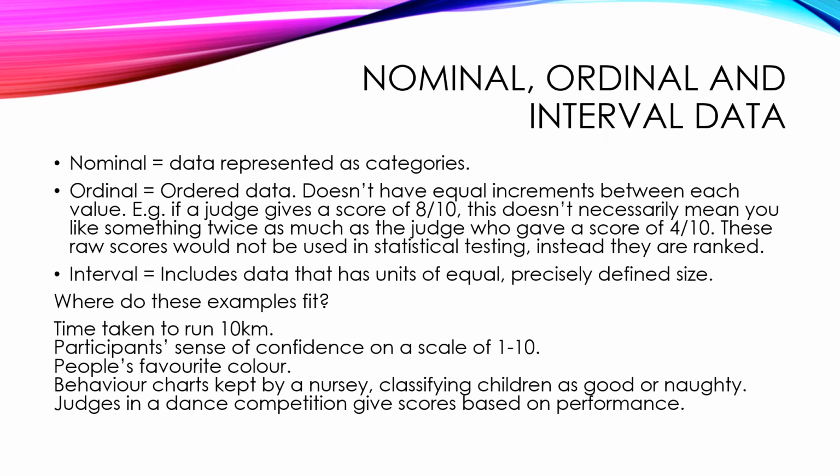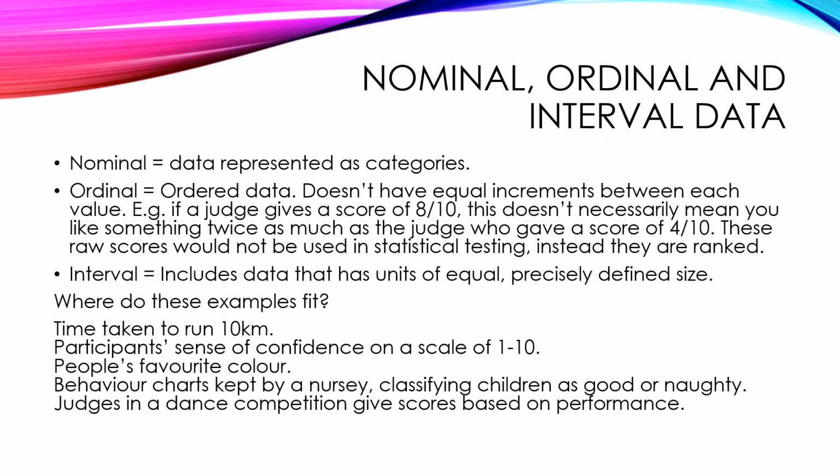Okay, so the time taken to run 10 kilometers is an interval measure. That is because time has equal increments between each thing. The difference between 1 second and 2 seconds is the same as 2 seconds and 3 seconds. Participant sense of confidence on a scale of 1 to 10, that is ordinal data. You're on a scale, that is subjective.